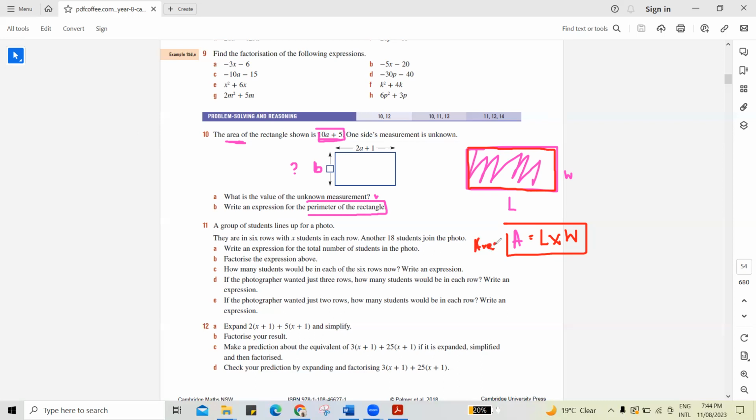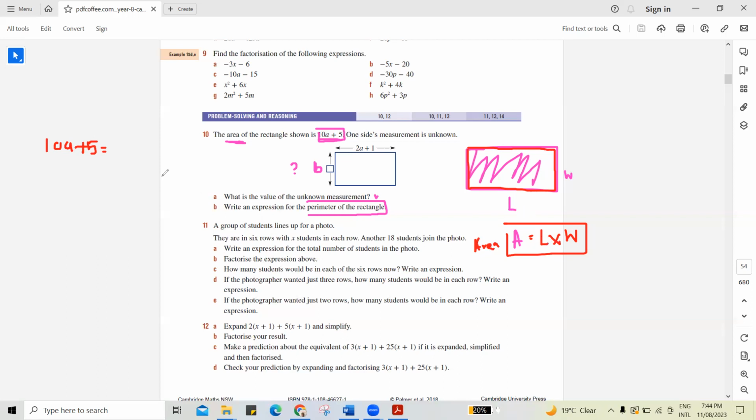Will it be... you tell me. When you do the area, is it the 10a plus 5 or is it the 2a plus 1? Yeah, 10a plus 5, that is area, equal. Same, what is the length here?